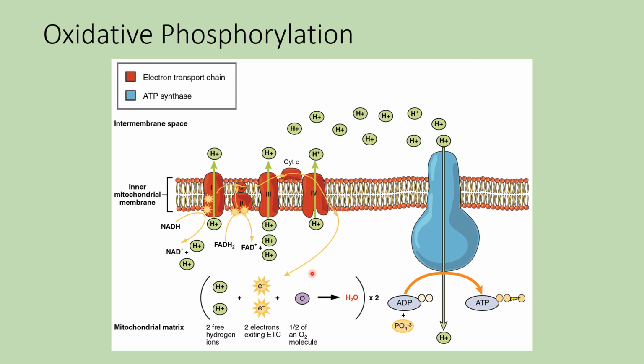Now what happened to those pair of electrons down here at the very end? Guess who the final electron acceptor is? Oxygen. That is why oxygen is required for this step. It's going to be the last thing picking up those electrons. And then it's going to combine with two hydrogens and form water.